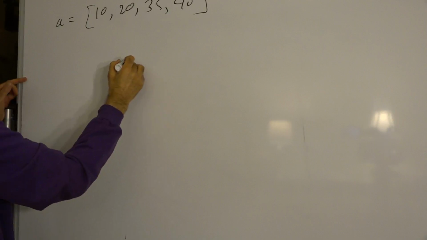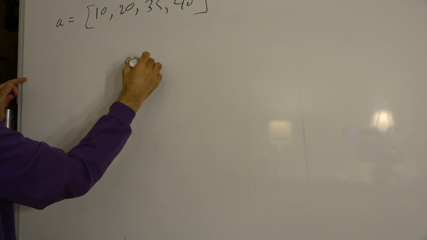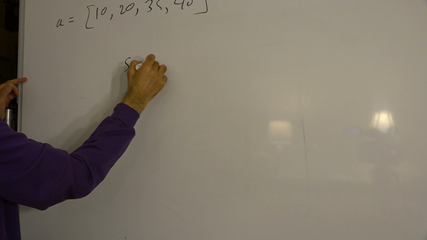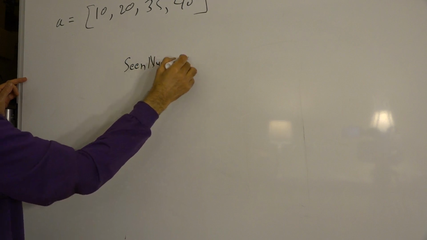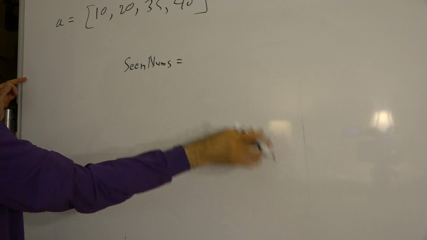So if I say a seen numbers data structure, we're going to use the hash map.